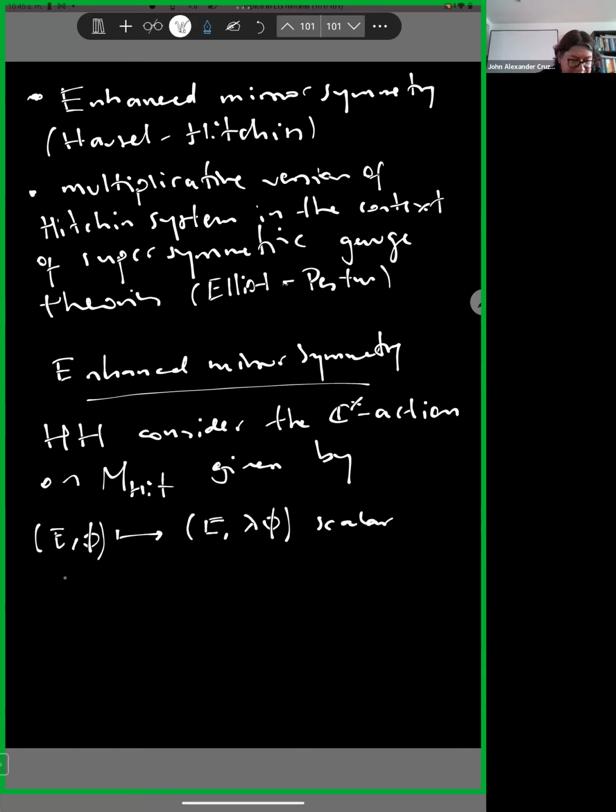This lambda is a non-zero complex number, so it's scalar multiplication of the Higgs field.